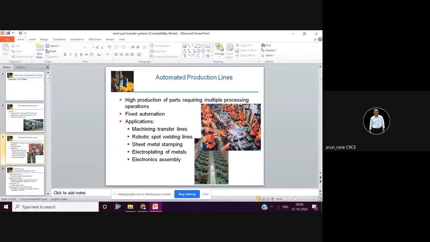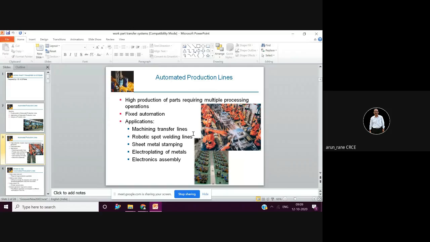Now, automated production lines, where are the applications? You can find them in machining, which is why it is called the machining transfer line. Suppose you have to do machining on a cylinder head or a cylinder. Altogether five faces are exposed, because the sixth face, the bottom face, is resting and one cannot do anything there. To machine the bottom, you would have to remove it and turn it upside down.